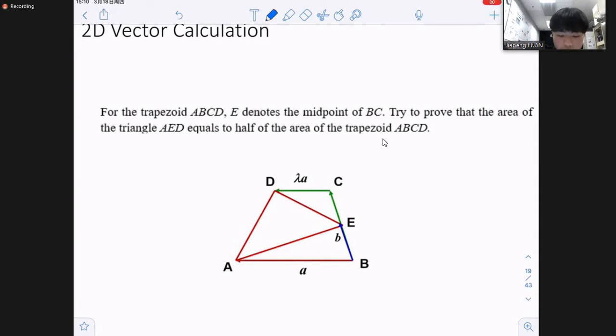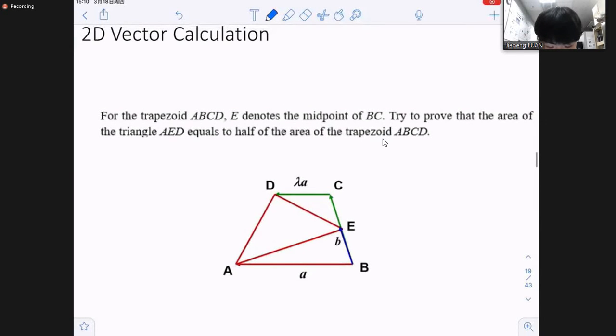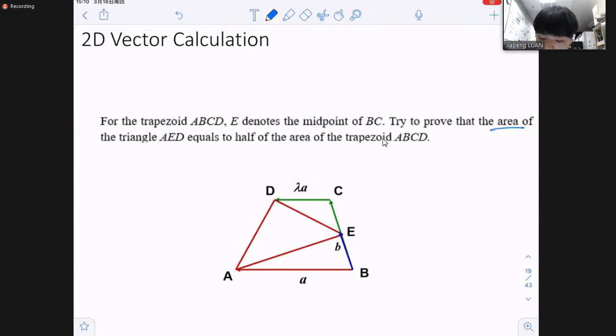Okay, now let me tell you the solution. First, before we solve this problem, you can see that this problem wants the area of something. So first I will tell you how to calculate the area.